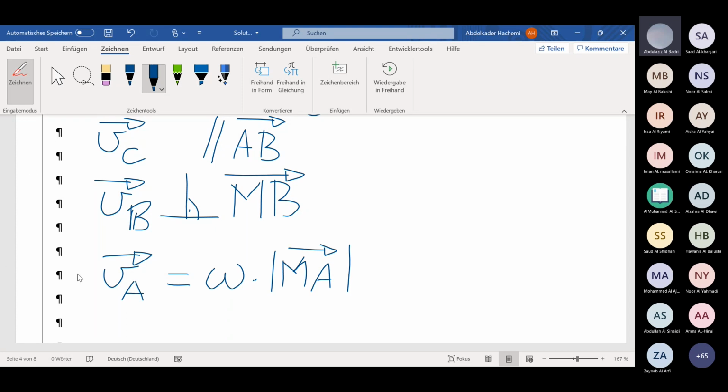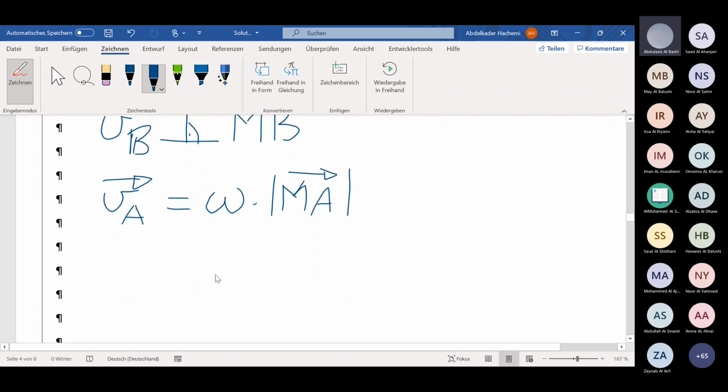VA is only Vm plus omega cross the position between the point M and the point A. Vm is equal to 0 because M is the instantaneous center of rotation. Then we can get omega.